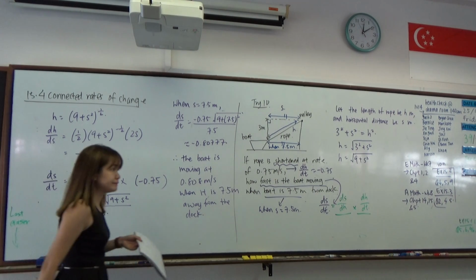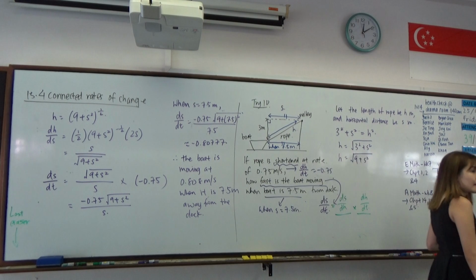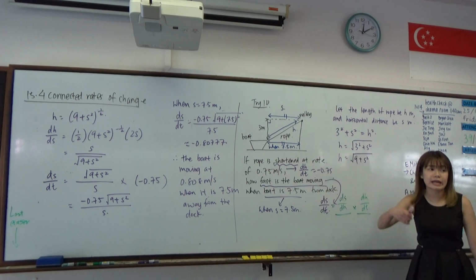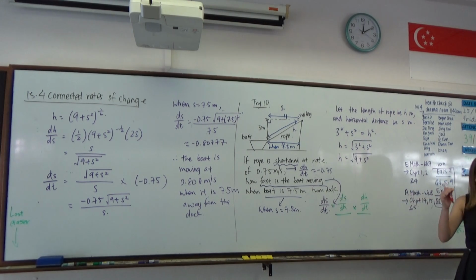Any questions? Okay, even if you are not conscientious in defining that the length is shortening as negative, you just need to make sure that it's a consistent idea throughout the whole question.